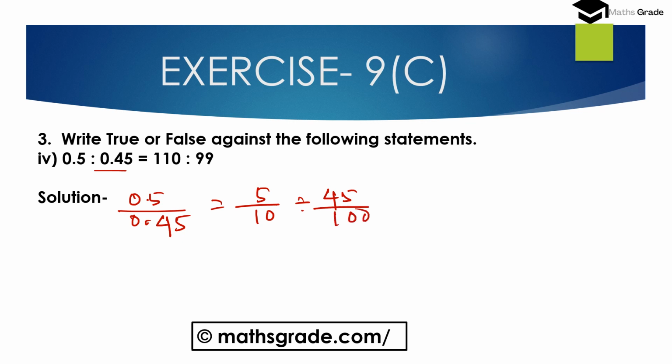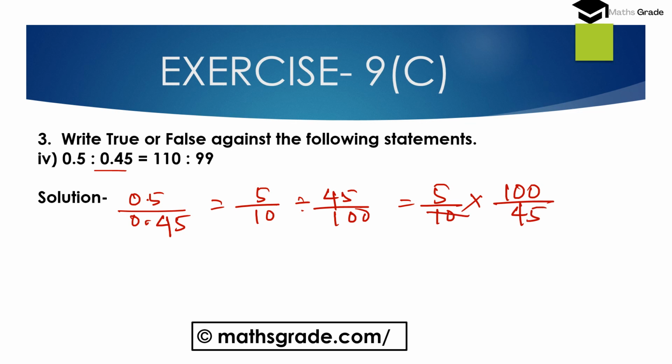After the decimal point there are 2 digits, so we have to write 100. 100 has 2 zeros. So 5 divided by 10. Now multiplying with the reciprocal of 45 divided by 100, that is 100 divided by 45.